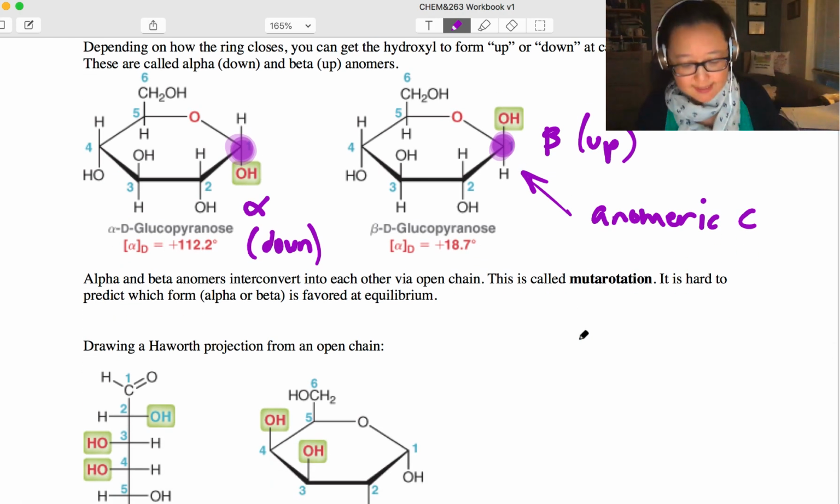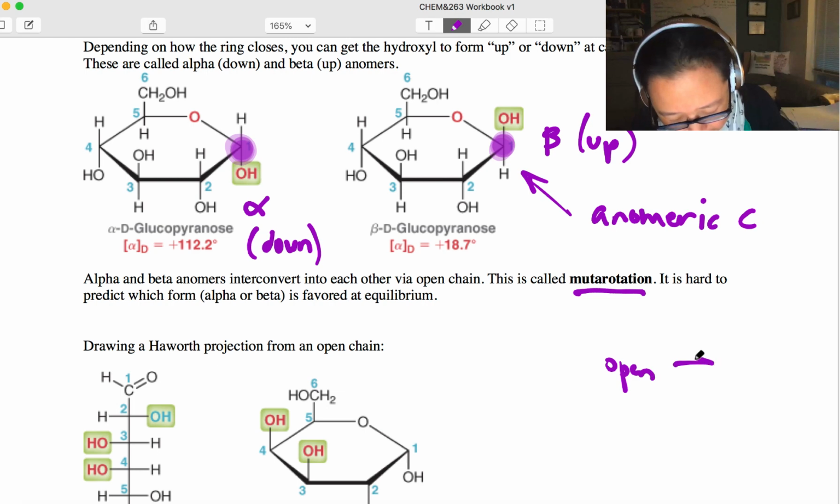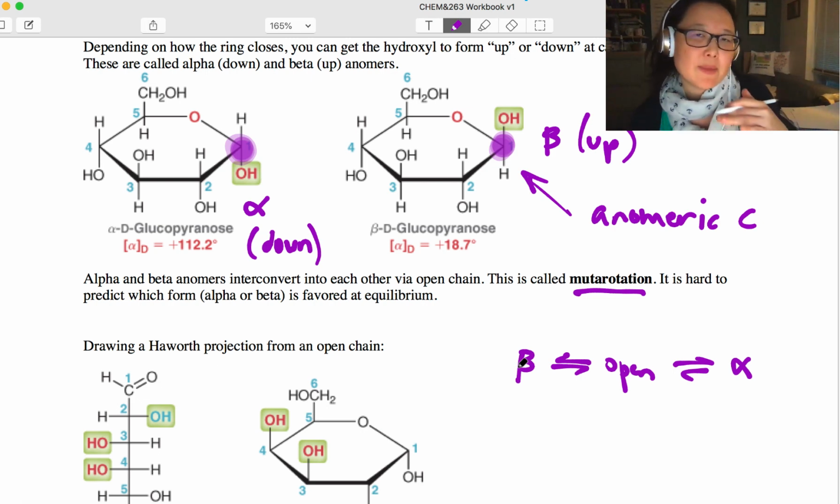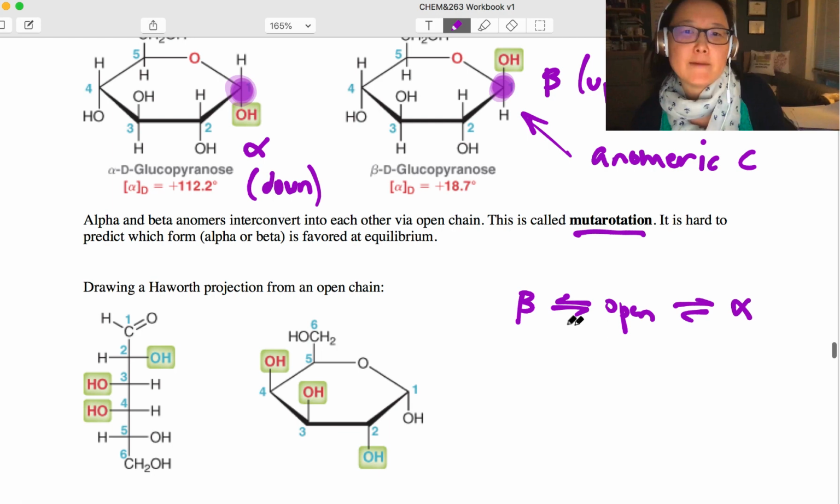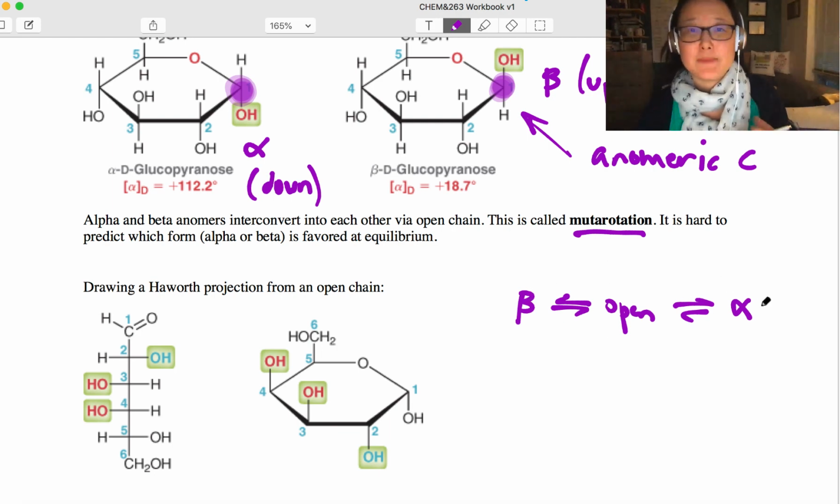And that process is called mutarotation. So you basically have open form going into alpha form, going back into open form, going to the beta form. And then you have some equilibrium. So you always have some amount of open form, but the ring form is usually more prevalent because of its stability. So you usually have alpha or beta anomer.